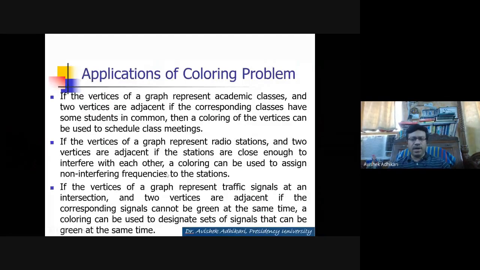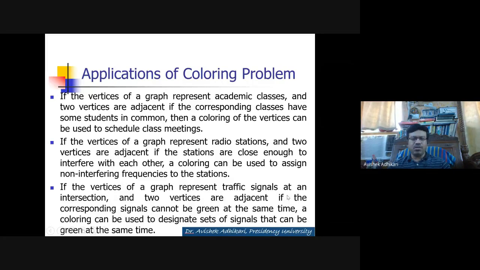Again, if the vertices of a graph represent traffic signals at any, say, crossing, and two vertices are adjacent if the corresponding signals cannot be green at the same time. So two vertices are connected through an edge if the corresponding signals cannot be green at the same time.